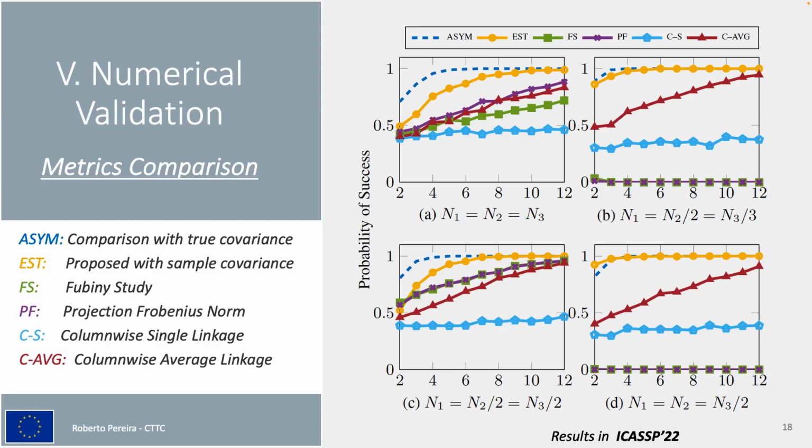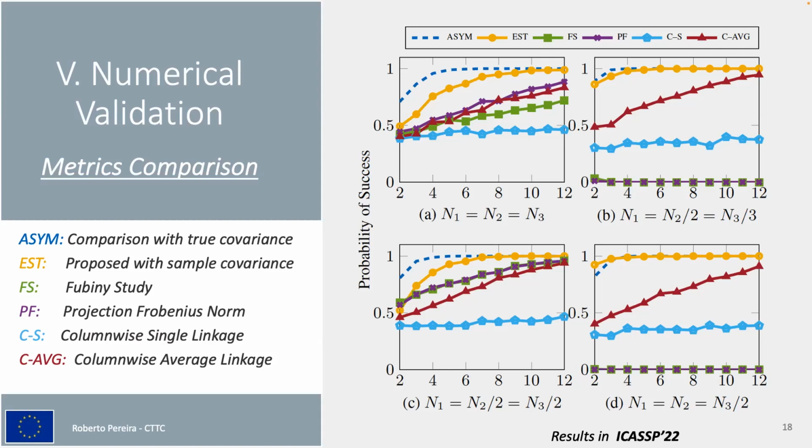And what we have in the 4 different plots is varying the number of antennas, which was a problem in our original setup. So if you have the number of antennas equal among different users, I obtain a good behavior in the blue curve.